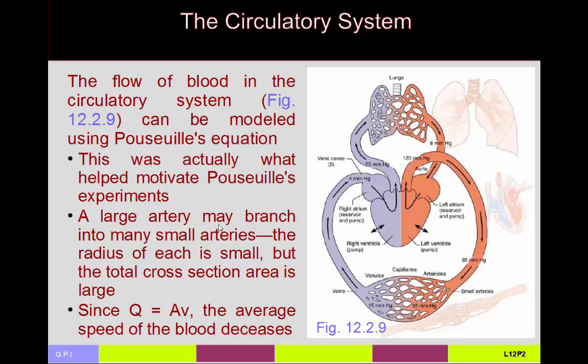That's basically how the circulatory system works. As these capillaries rejoin with the main vein, all this blood returns to the heart, and the process starts over again.